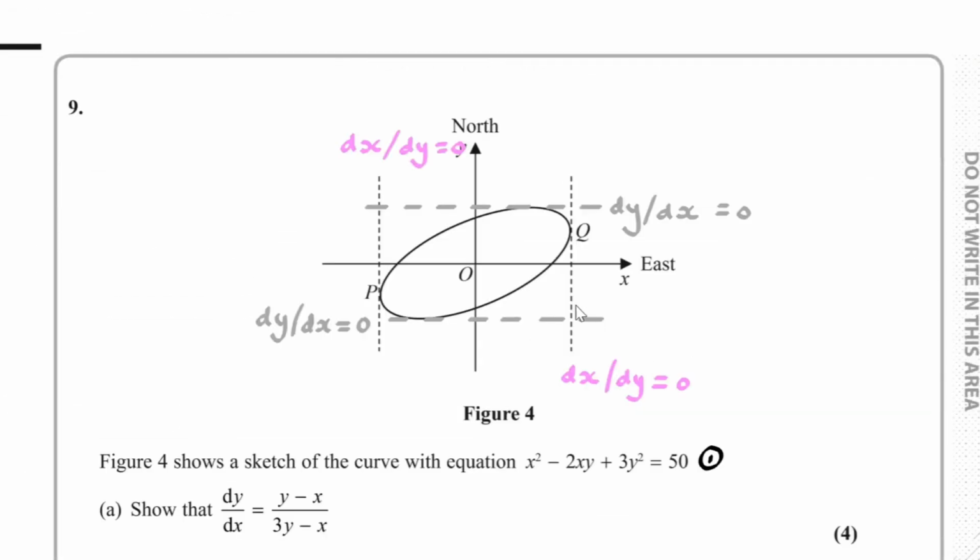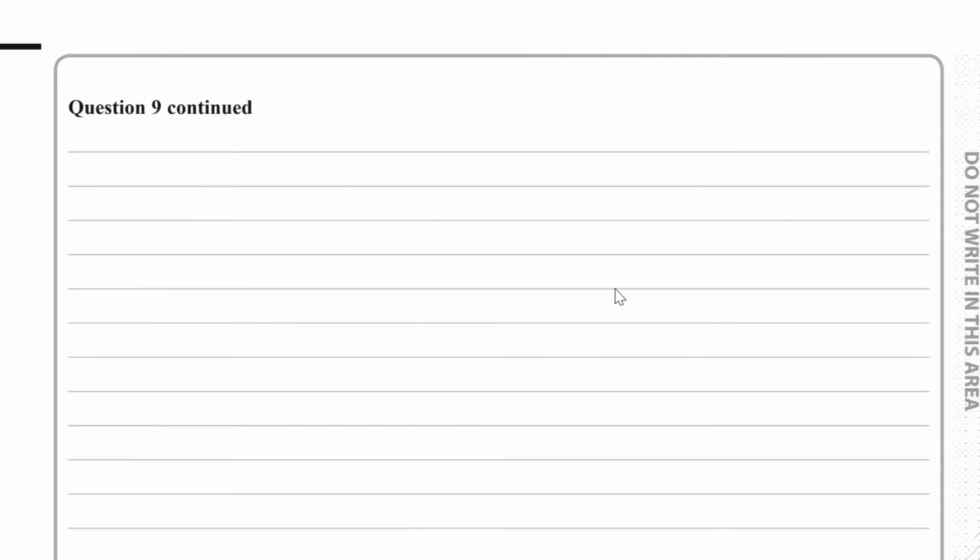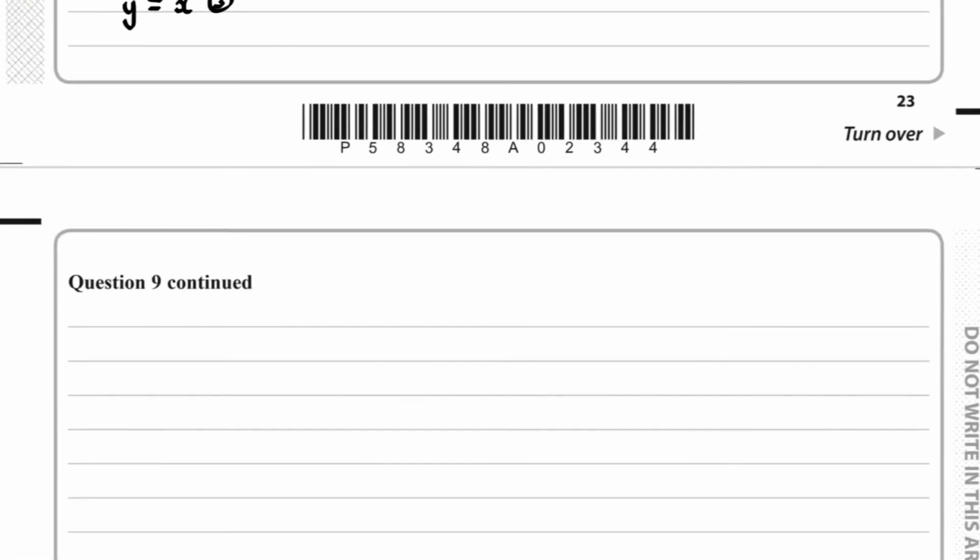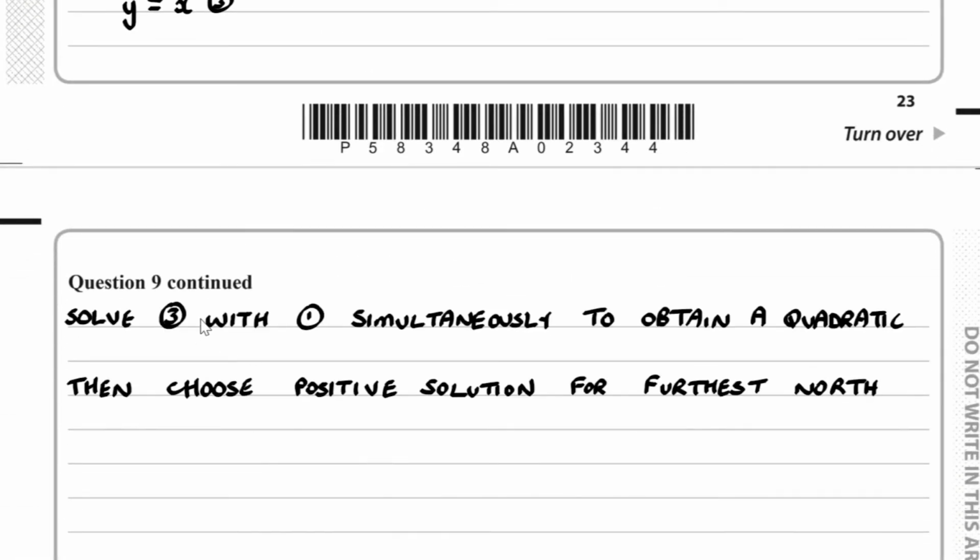And the reason we choose the positive solution is because north is positive for y. And so therefore, we solve equation 3 with 1 simultaneously to obtain a quadratic, and then we choose the positive solution for furthest north.